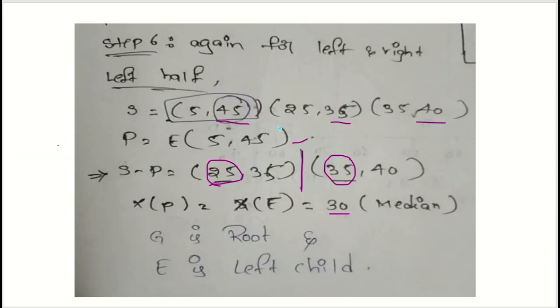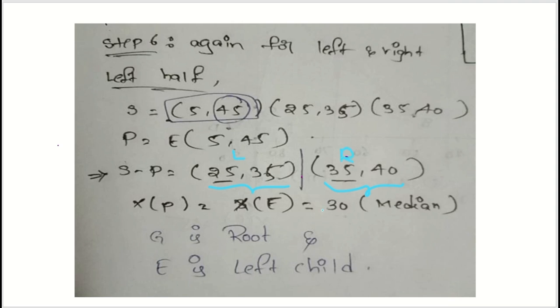So then here I have 25, 35 and I have found the median for this. Now again the remaining 5, 45 I have removed. Whatever values are present in the S minus P, again I need to find for that. See, 25, 35 is on the left side and 35, 40 is on the right side.